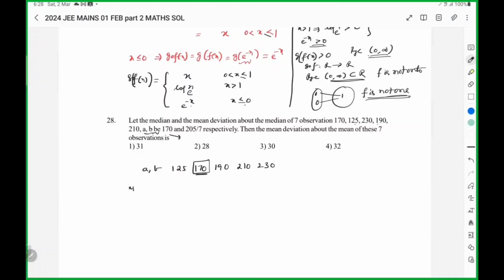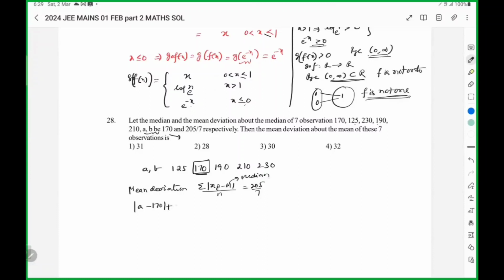Mean deviation. We can find from the median: sigma of modulus of xi minus M, divided by n, which is equal to 205 by 7. So here M stands for median.